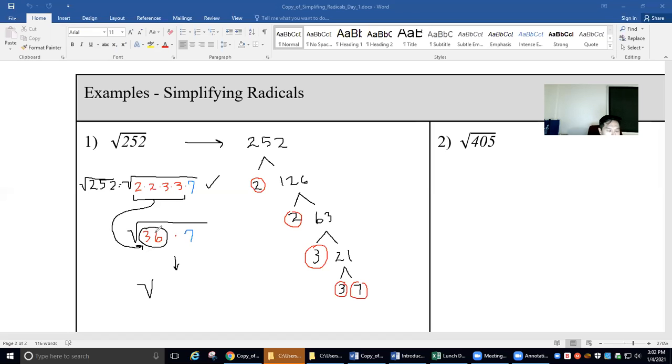Now, anytime two numbers or three or four numbers or whatever are multiplied underneath a radical, I can separate them. So that means I can write a radical for each of the numbers. So I can write a radical over 36, then multiply it to the radical with 7 inside.